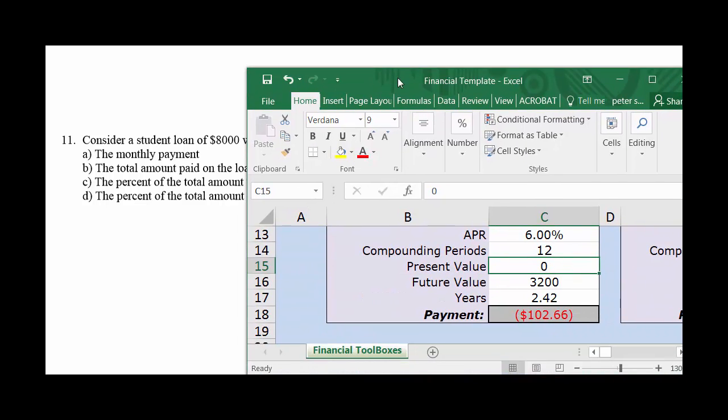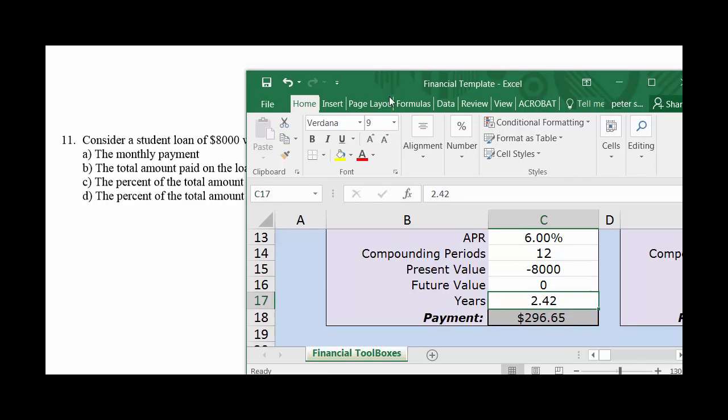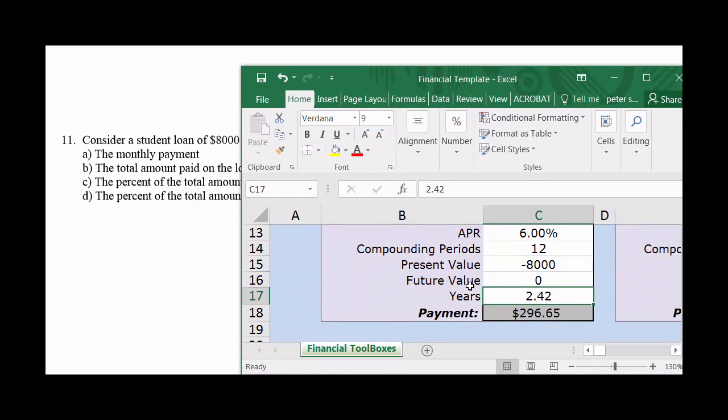So its present value is worth 8,000. Future value, I want it down to nothing. And I want to make payments on it for 8 years. Okay, so our monthly payment should be $105.13.